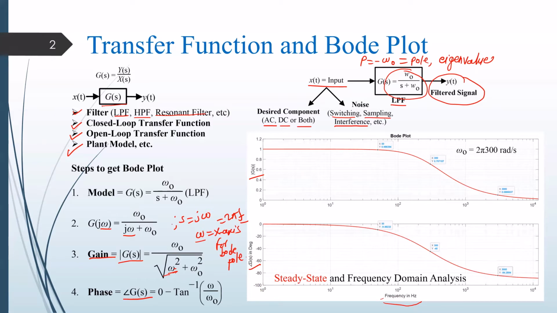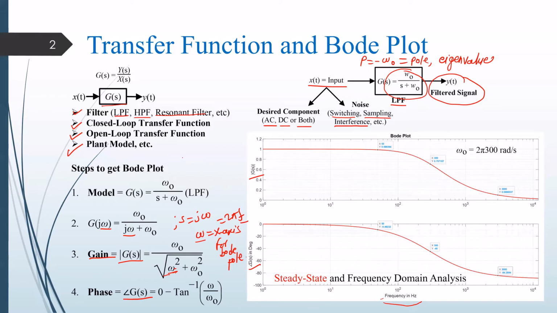So it's very simple. You basically replace s equal to j omega, find its gain and phase expressions, then you can simply plot them, and you get your Bode plot. So let us consider a few important points in this Bode plot.